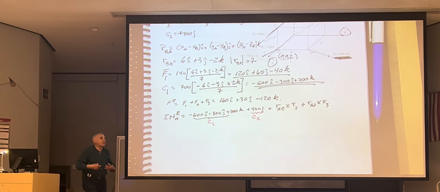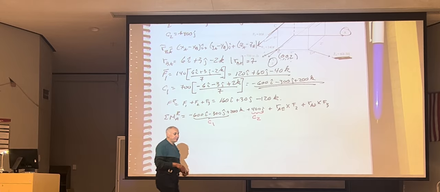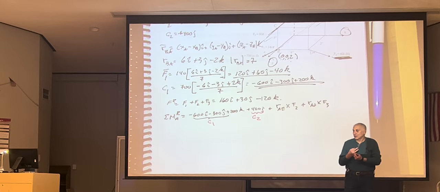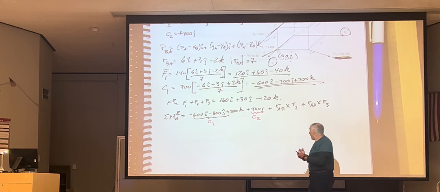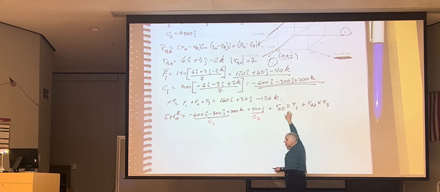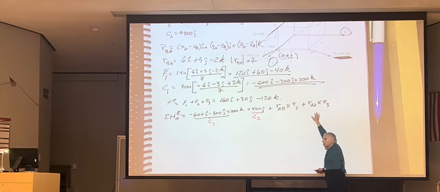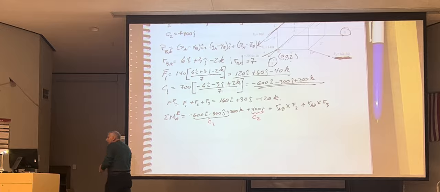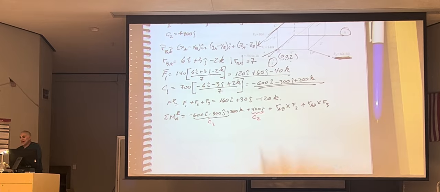Those are the only other forces that could create a moment. There's only 3 forces. One of them, F1, has a line of action that goes through A, so it does not create a moment. This is the moment being created by F2, and this is the moment being created by F3. Agreed? Now I literally have to do the determinant.